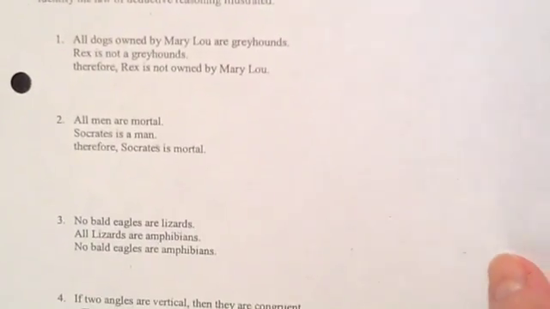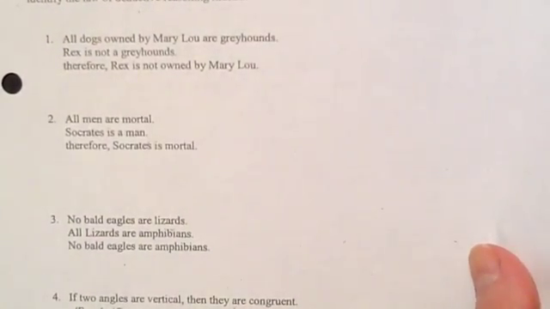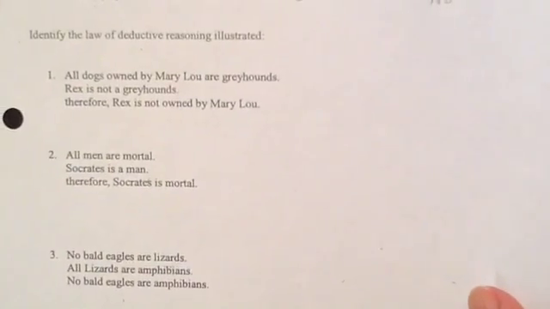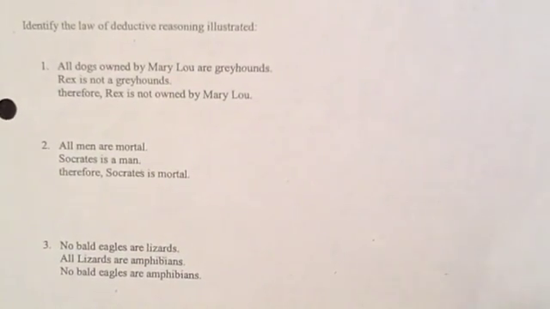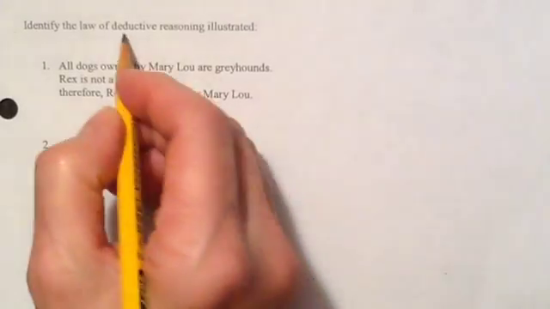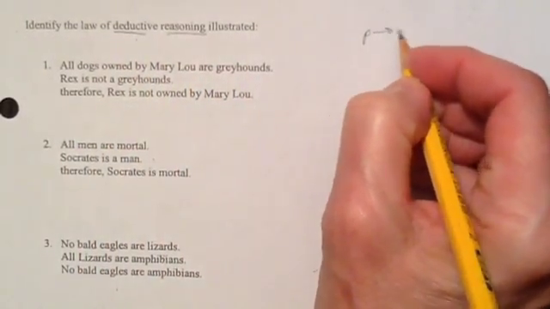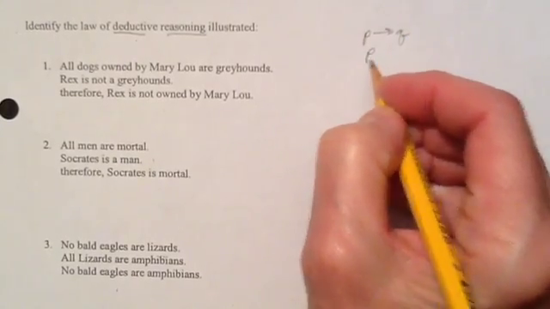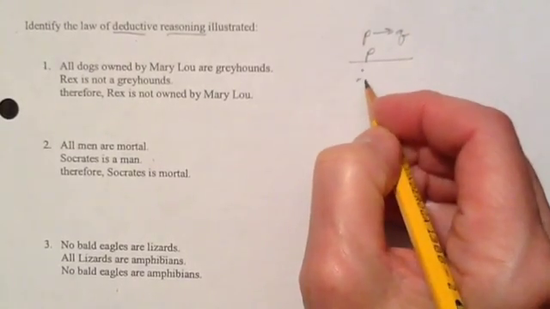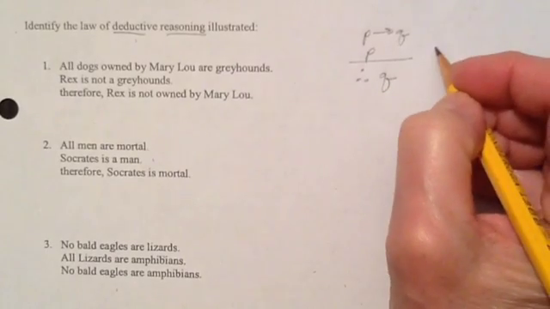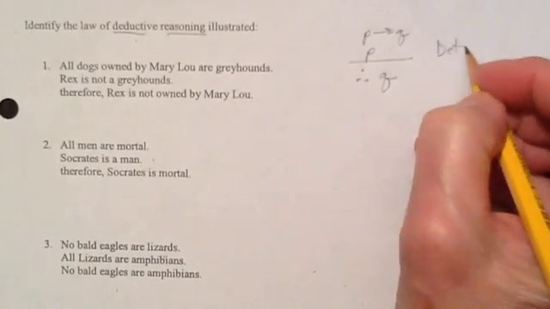All right, so now what we want to do is identify some of these as our 3 types of laws. And notice there's 4 questions here. These laws are laws of deductive reasoning. There are 3 of them. If P, then Q, I give you P, you can therefore conclude Q. It's called the law of detachment.